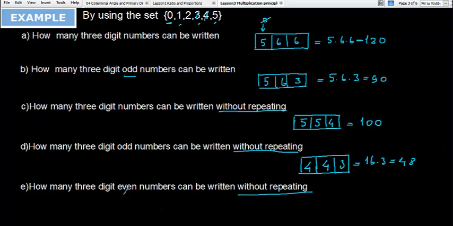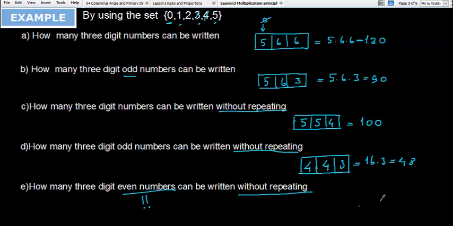Here, this question is also important. Even numbers, it says here, because there is an intersection of the rules. What is the intersection of the rules? 0 cannot be the first digit, and if it is even, it should end with 0, 2, 4.